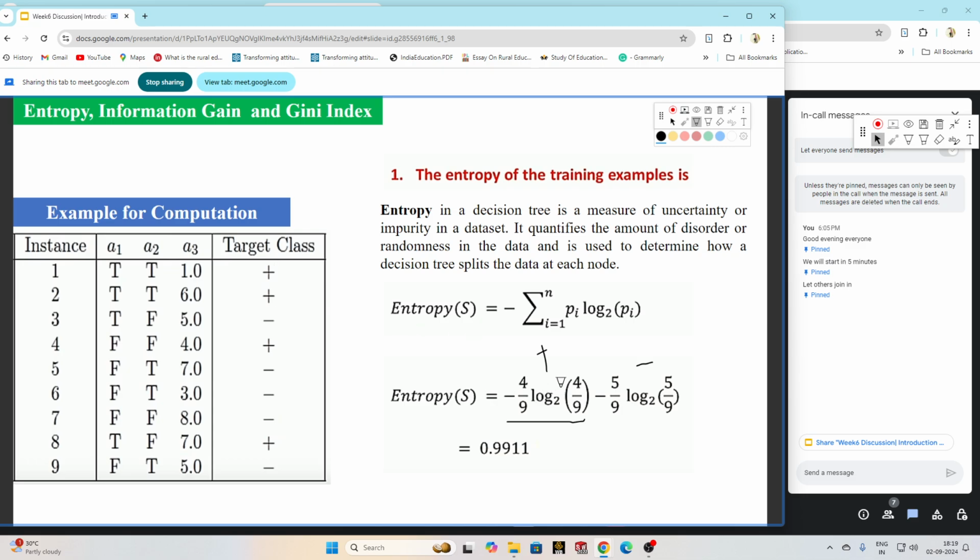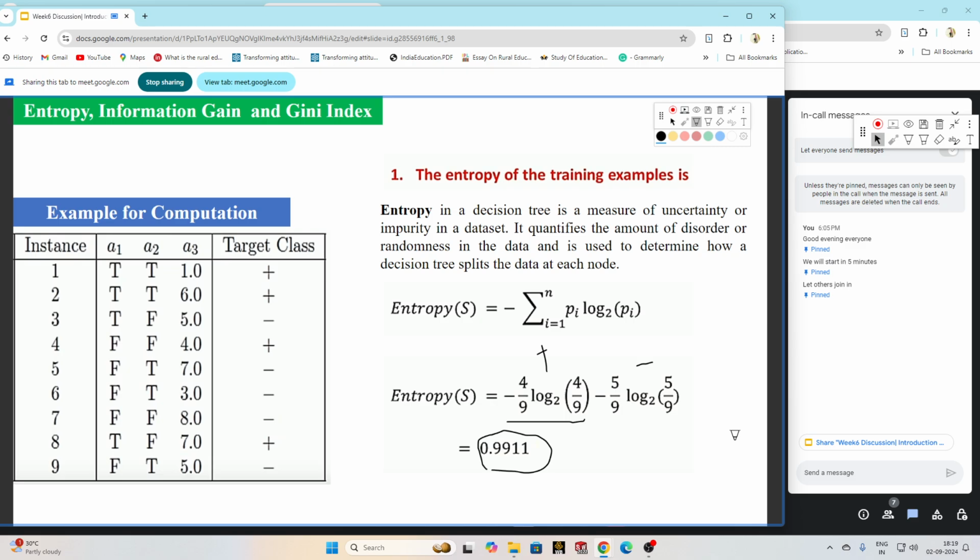The positive term is minus 4 by 9 log base 2 of 4 by 9, because there are 4 positive examples out of 9. And again we have to do it for the negative class. We have 5 negative examples, so that is minus 5 by 9 log base 2 of 5 by 9. So this is the entropy of our whole training example, or you can say the entropy of our prediction set. Is this clear up to this?